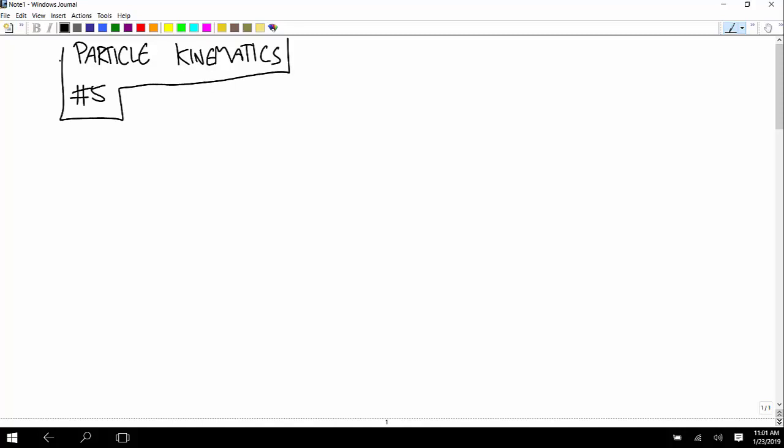So this is particle kinematics. Number 5, you said? Okay. Let me just draw what's going on here. A ball's thrown into the air from a starting height of 0.5 meters.